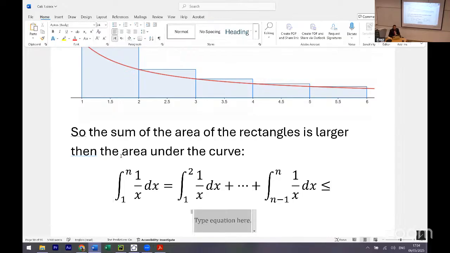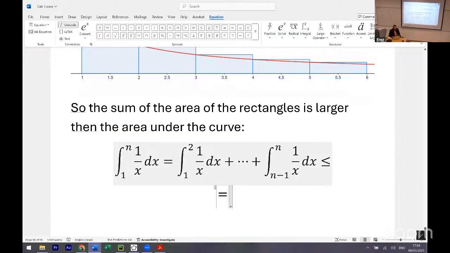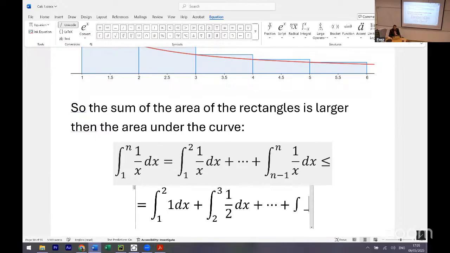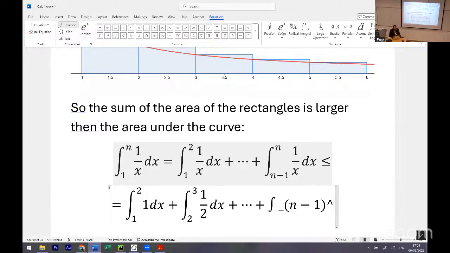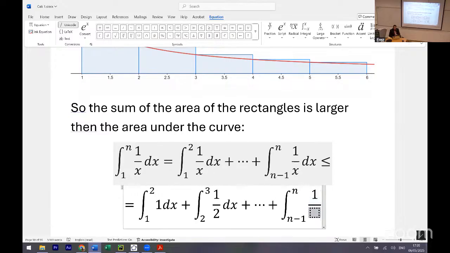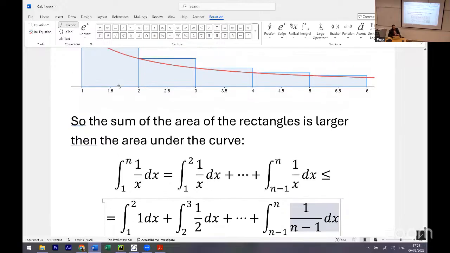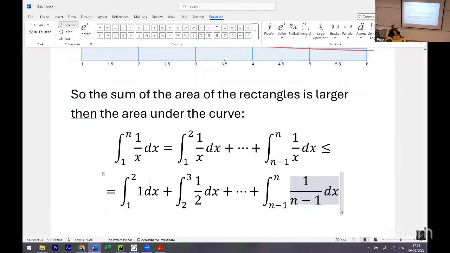So in the first area, the maximum is 1. In the second segment, it's smaller than half. And in the last segment, it's smaller than 1/(n-1). So these are the rectangles that I drew here, right?